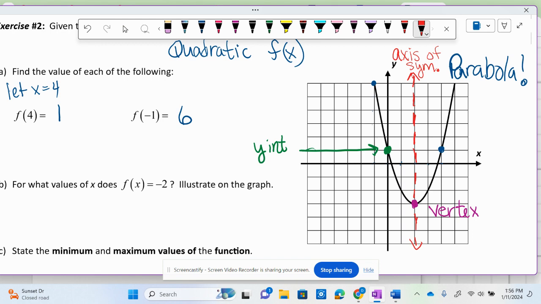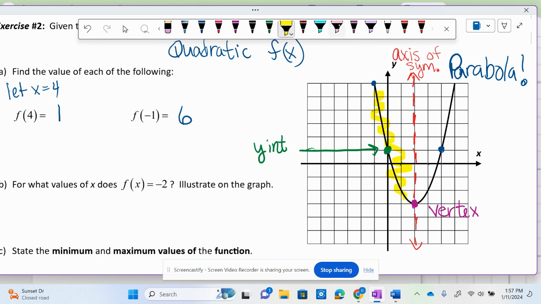So think about everything that happens before the axis of symmetry is going to be different than everything that happens after the axis of symmetry, because the axis of symmetry goes right through the turning point. So I want you to look at the graph, the curve before the axis of symmetry on the left-hand side. Does that part of the line show positive or negative slope? Yeah, this is negative slope right here.